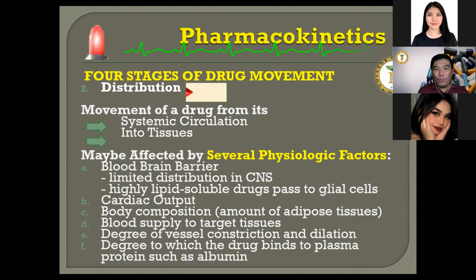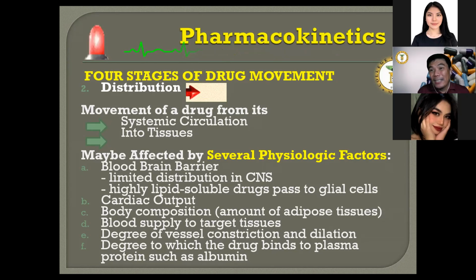Next. So other than the degree of vasoconstriction, there is the degree to which the drug binds to plasma proteins such as albumin. Okay. You know, class, whenever there is binding between the drug and the albumin, we all know that protein is very important for what? Supposedly this protein is responsible for tissues, right?